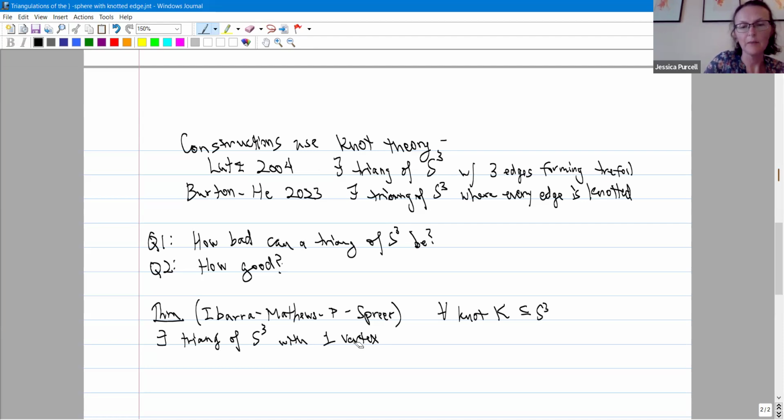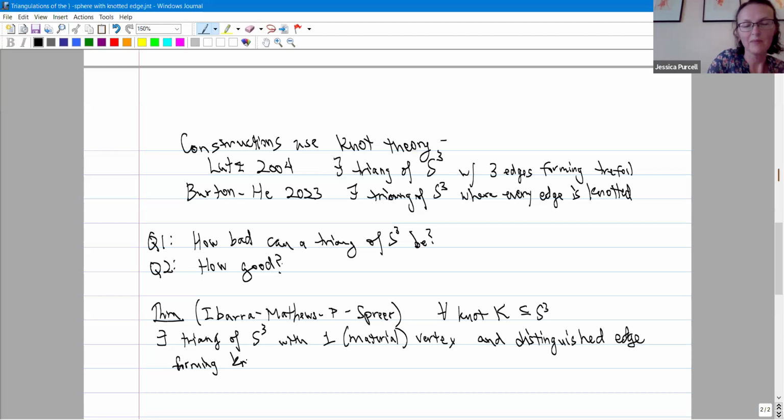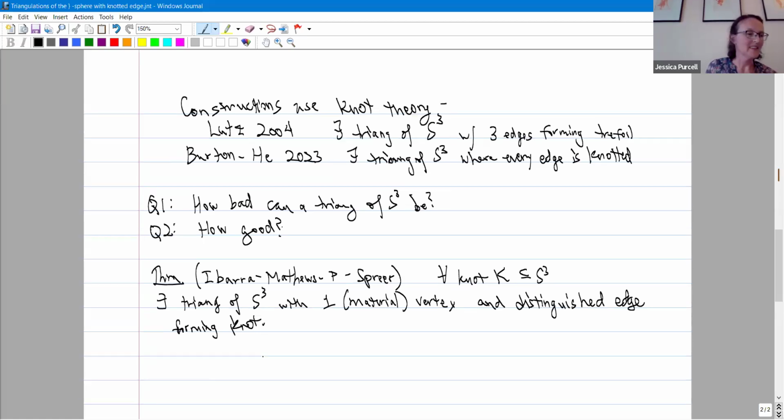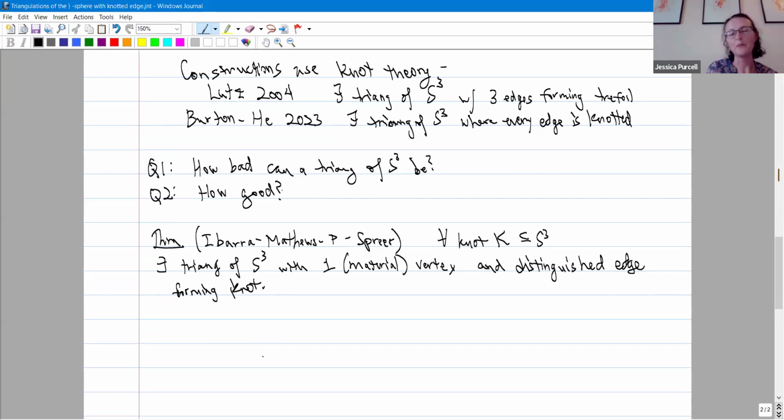I should say this is a single material vertex. And a distinguished edge forming the knot. And I should say too, this is all quite constructive. But what it means is there's no hope of straight edges, convex spherical triangulations. So for any knot, you can find this.